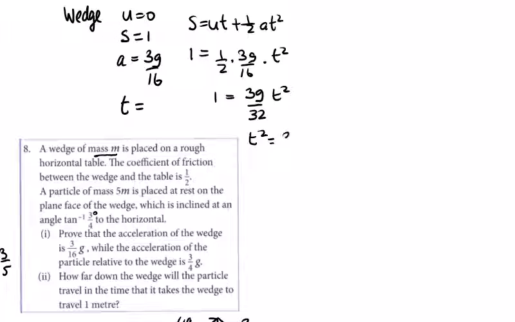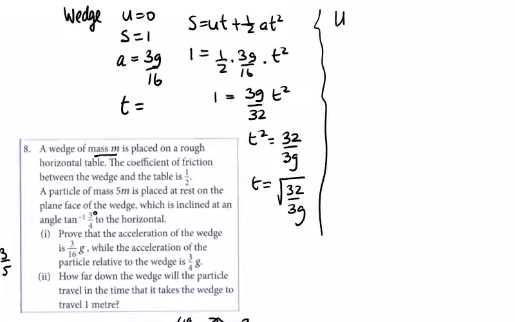T squared is equal to 32 over 3g, so t is equal to the square root of 32 over 3g. So what we do now is we put this in for the particle, where it also starts from rest. It travels for a time of square root of 32 over 3g.